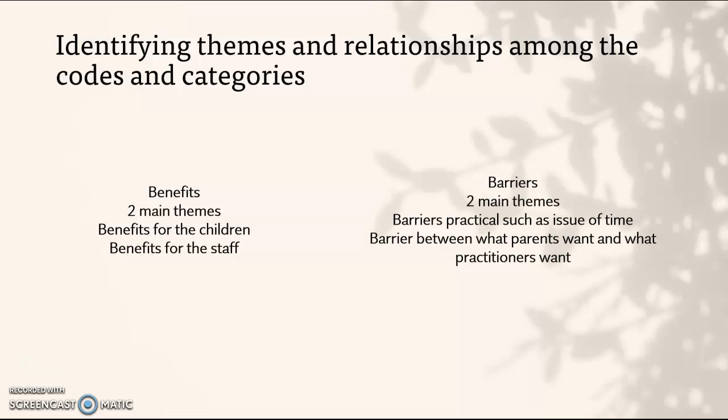And the 2 main themes were practical barriers, such as issues of time, and the barrier between what the parents want and what the practitioners want. This makes it very clear for you to write this up. So if you have your benefits, you can pull out 2 main themes from your questionnaires, and the barriers, what were the 2 main themes that came from that?